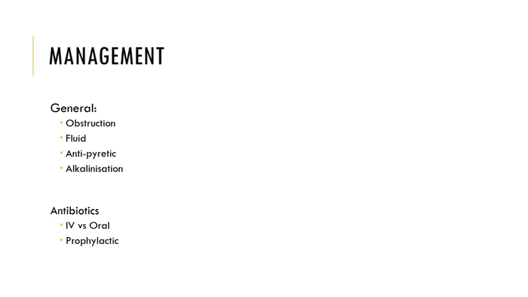If we look at antibiotics, you need to make a choice and decide whether you are going to give the antibiotics intravenously or whether you're going to give oral antibiotics. The indications for intravenous antibiotics are your young patients, so those under 3 months of age, if you suspect that there's upper tract involvement, and if there is uncontrolled vomiting.